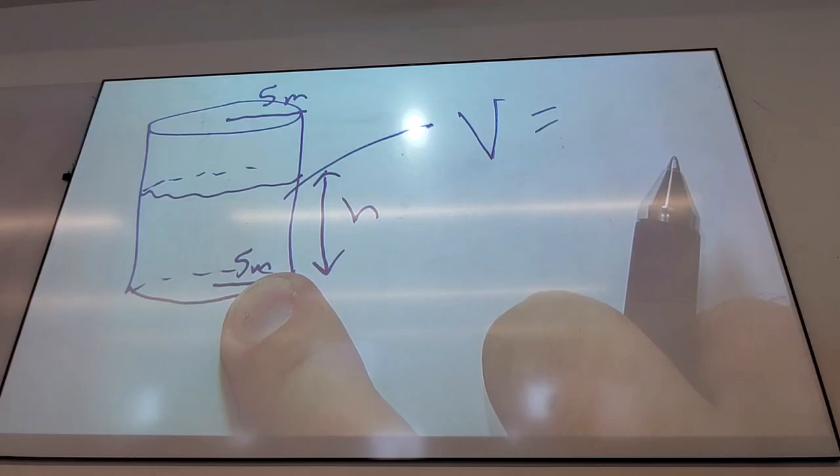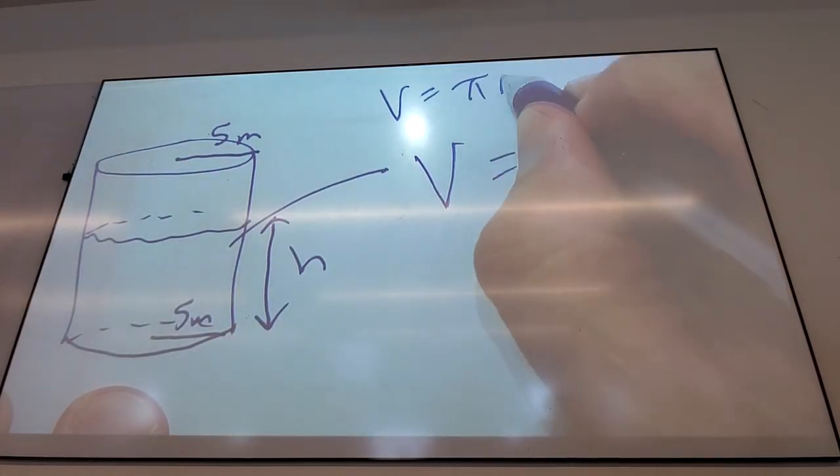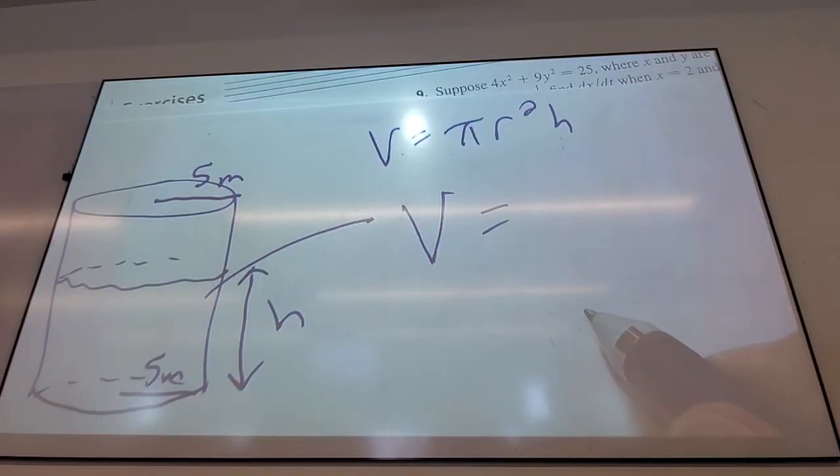Can somebody help me piece together a formula for the volume of the water? Do you remember the volume of a cylinder is pi r squared h? So what's the formula for the volume of the water? What's the radius?